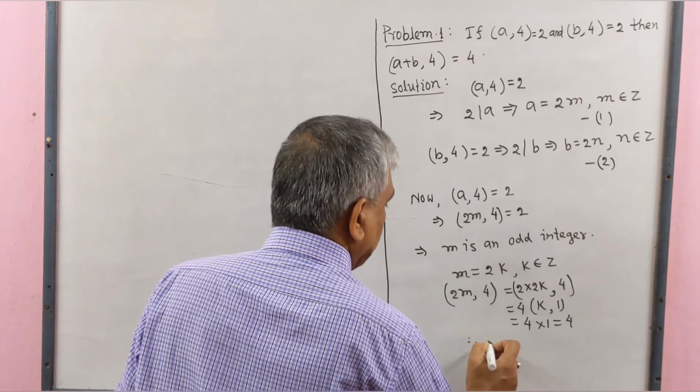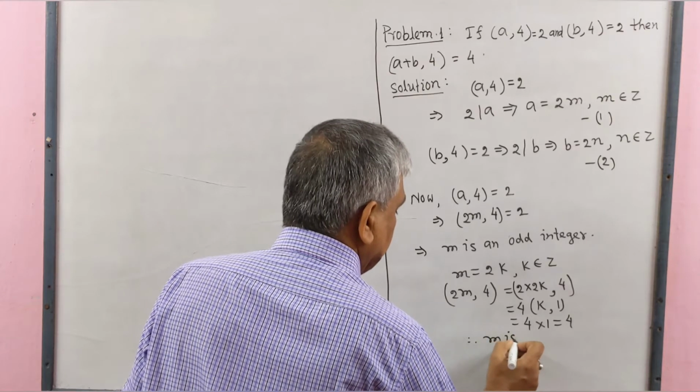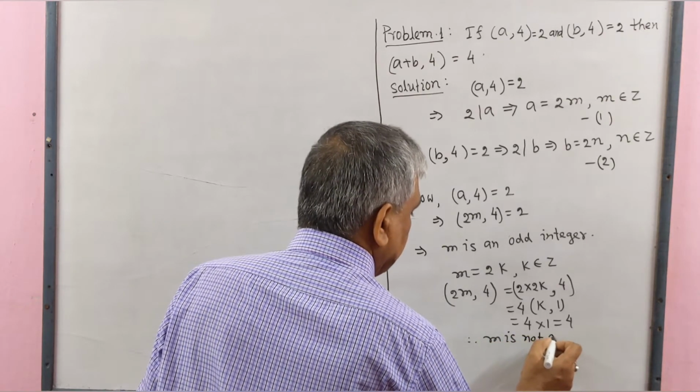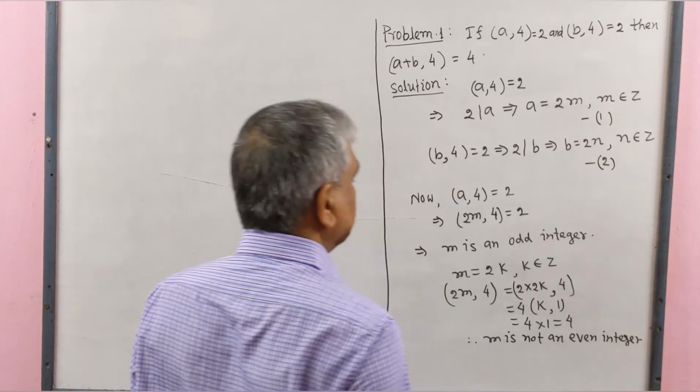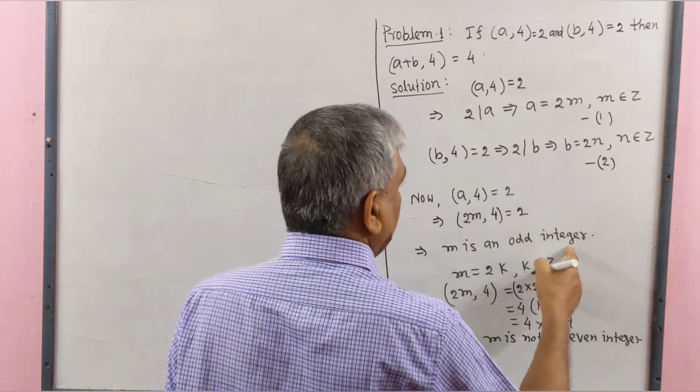Therefore, m is not an even integer. That is, m is an odd integer.